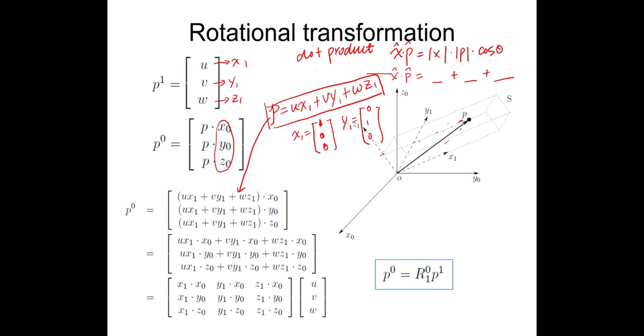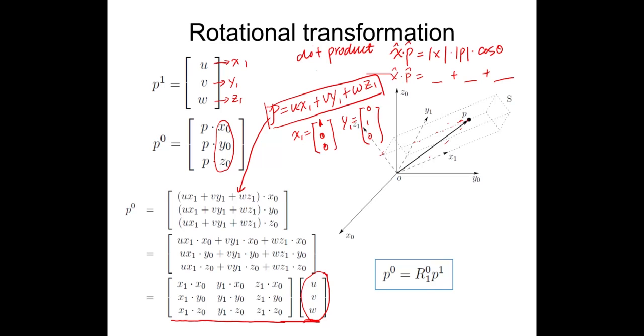Okay, so then we plug in the p in frame 1, so we'll have this term dot product with x0, y0, and z0. Okay, and then we do one more step, and it's interesting that we can take this term out. Okay, and then my p0 equals a matrix like this times my u, v, and w.